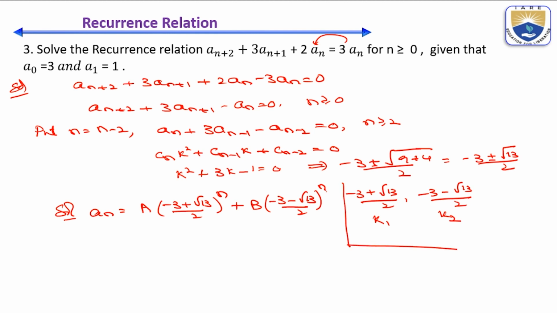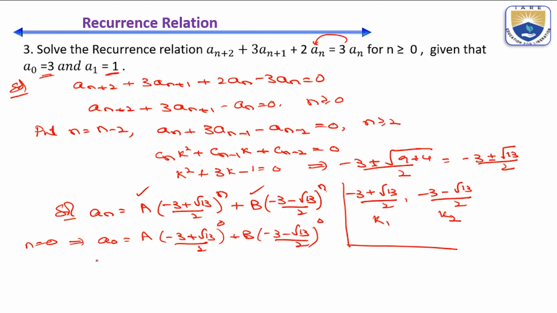Now we are going to find the values of a and b by substituting n equal to 0. We get a_0 equal to a into (minus 3 plus root 13 by 2) to the power of 0 plus b into (minus 3 minus root 13 by 2) to the power of 0. Subsequently, a_0 is 3, so we get a plus b.